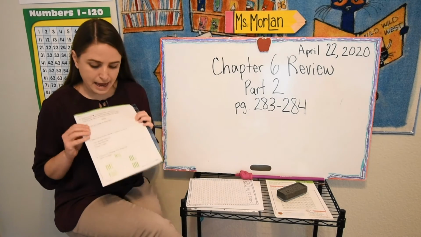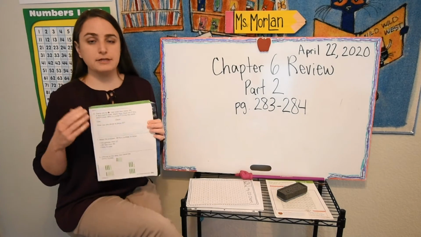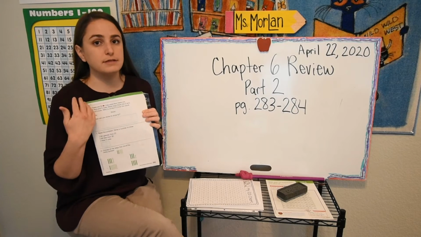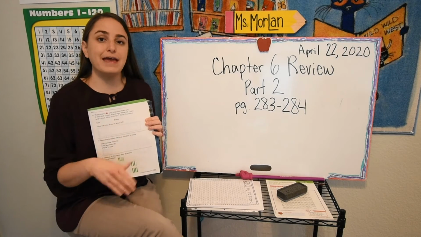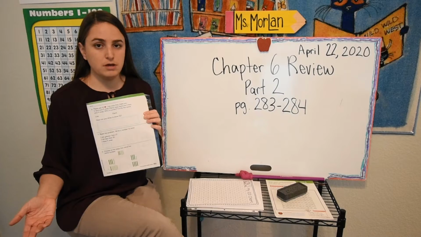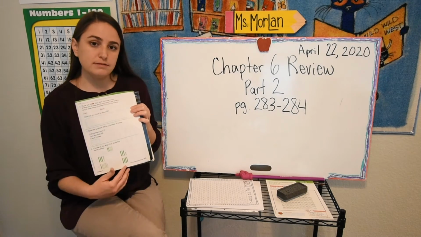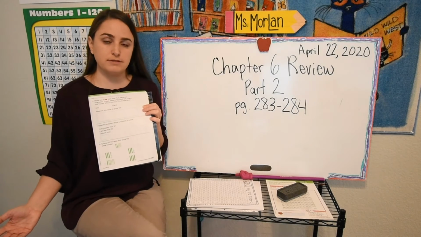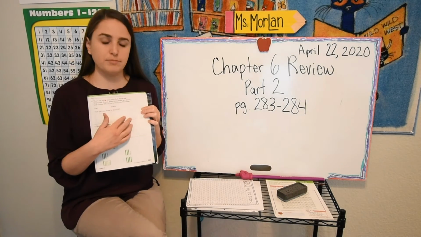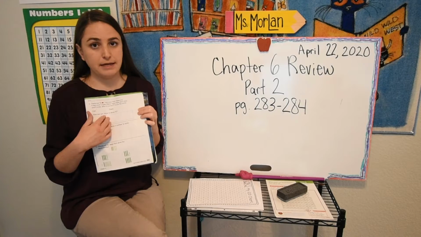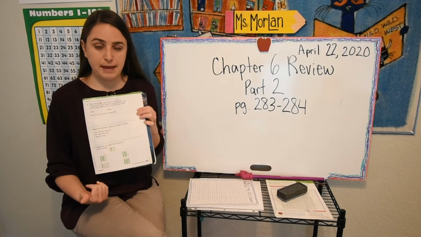How I want you to do it is to go through and solve the problems on your own and then continue watching this video. You can either do all the problems at once and then go back and watch the rest of this video to see how I solve the problems and what answers I get, making sure you get the same.